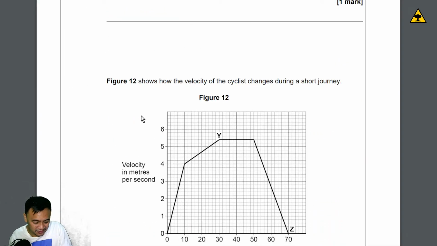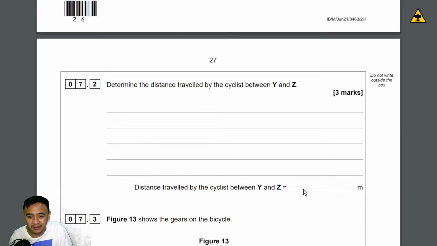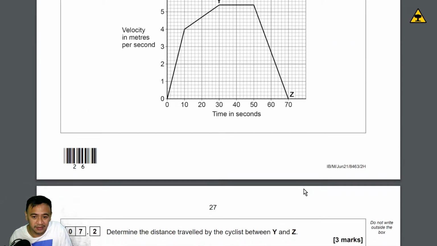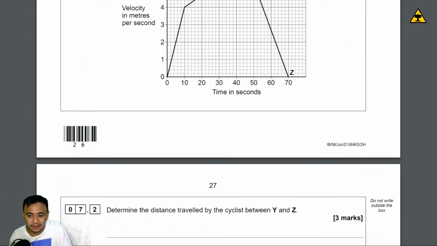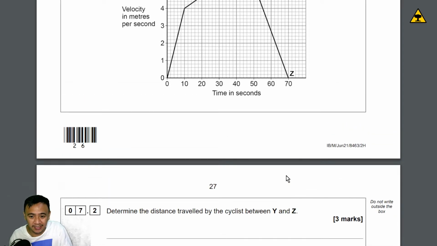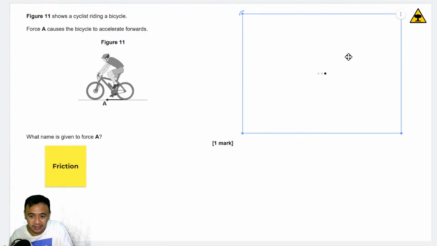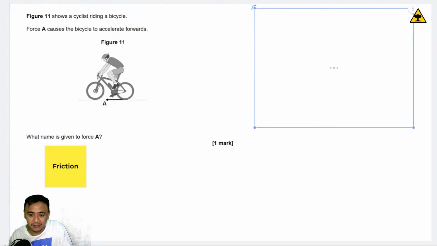Okay, so here is a figure. Here's a graph, a velocity-time graph. I'll just copy that on the Jamboard so it's easier to look at. So determine the distance traveled by the cyclist between Y and Z. I'll put this here so you can refer to it.